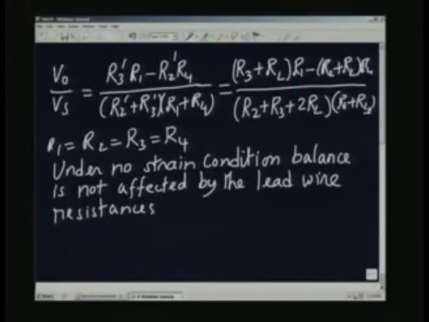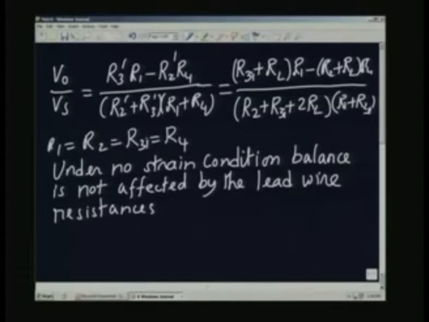Now, let us see what happens when the balance is not there and the resistance R3 has changed by a small amount. So, in fact, if you would like to look at it, I can make it R3I here, to be consistent with our earlier notation. Now, what I am going to do is I am going to perturb this R3 by a small amount, and remember that R3I is equal to R1 equal to R2.